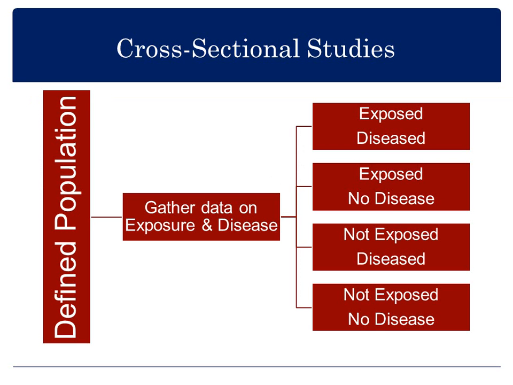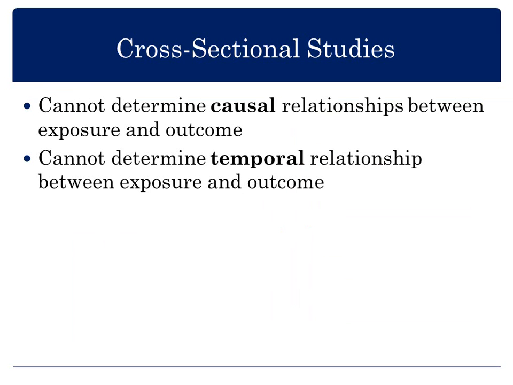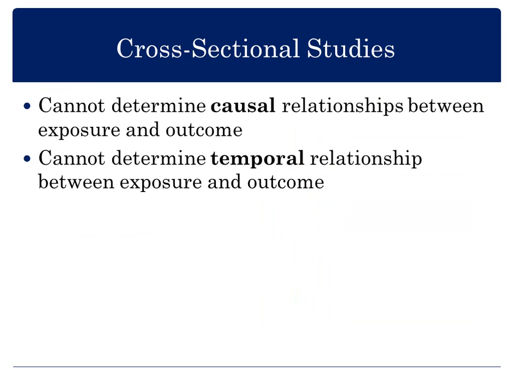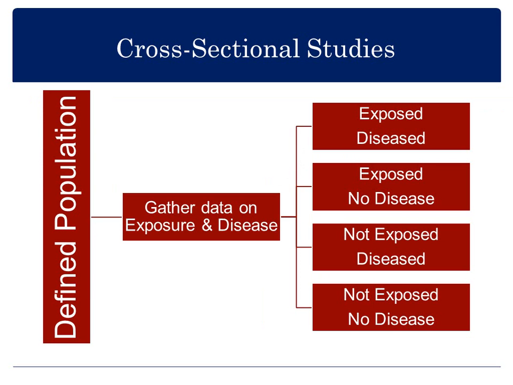Why? Because they're observational, right? And they can't determine any temporal relationship between exposure and outcome. Why? Because they're cross-sectional. They're at a single point in time. We don't know which occurred first, so we can't say X follows Y. So it's just looking at associations, and that's the appropriate statistical terminology, that disease is associated with exposure or it's correlated with exposure.